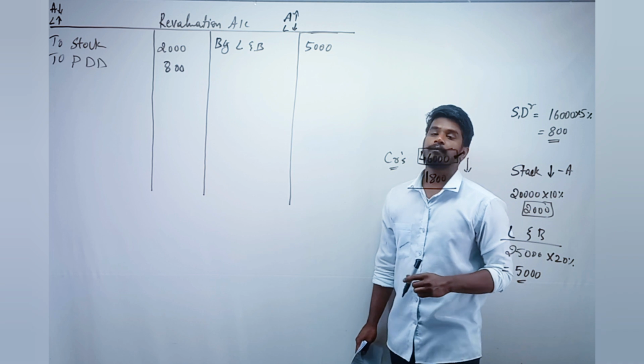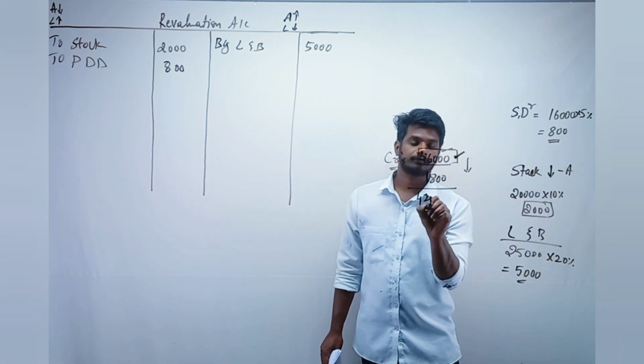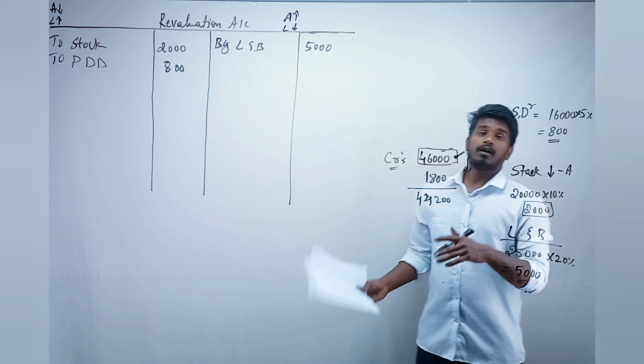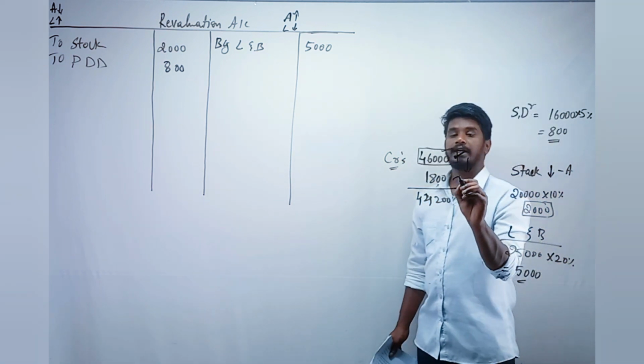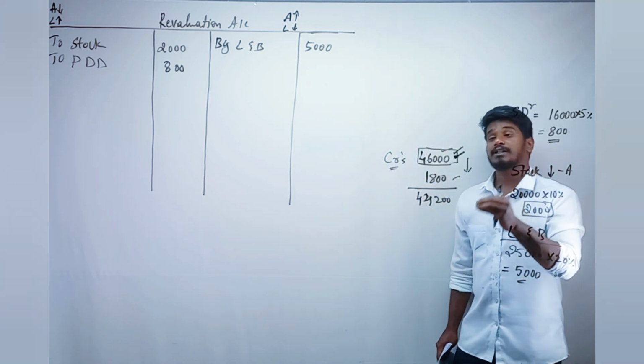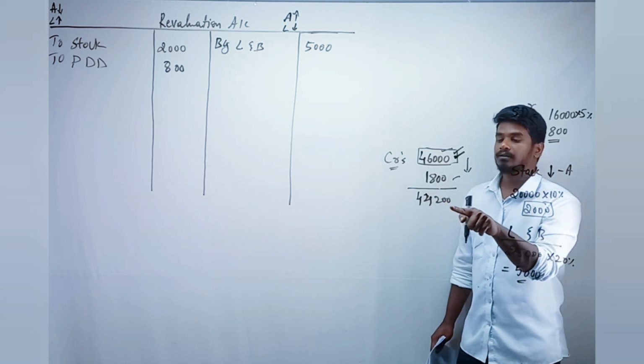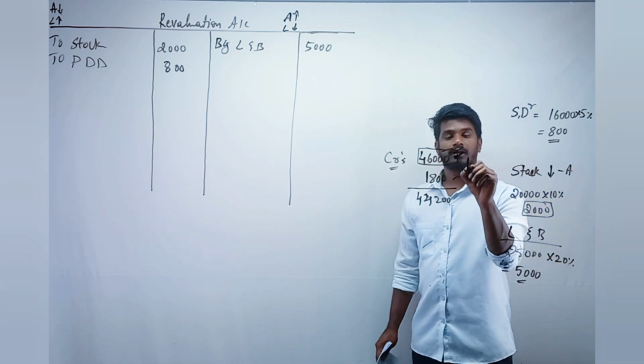So it will become 44,200. The creditor amount of 1,800, which was included in 46,000 and is not likely to be claimed, we removed, and the creditors were reduced.